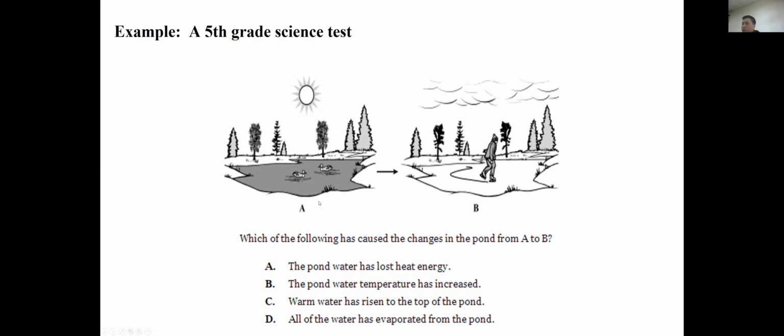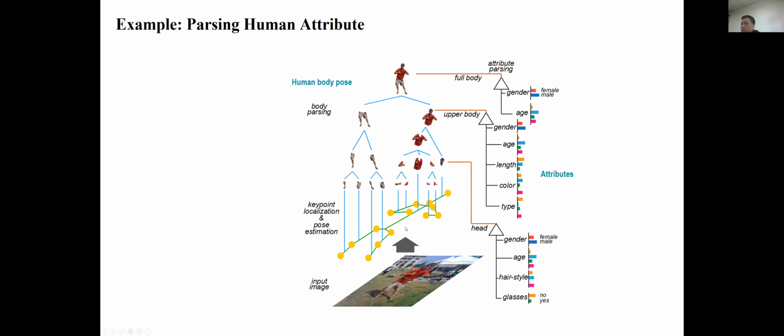Let me give you a typical example of what I mean by parsing. Suppose you give a picture like this, a person. First of all, you parse it by a so-called phrase structure grammar. The parse graph is a decomposition of a person into body parts, and the body parts further go into little elements and are grounded on the images.